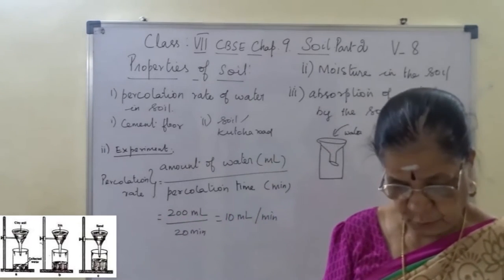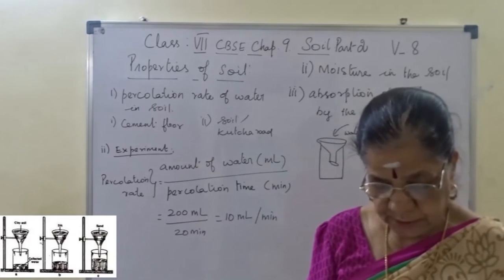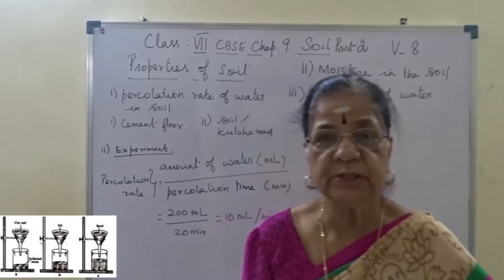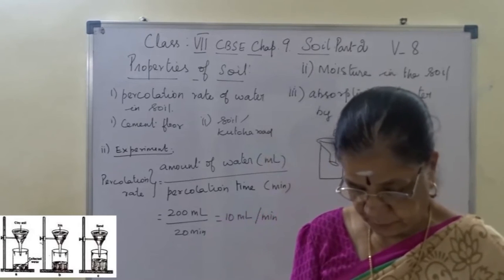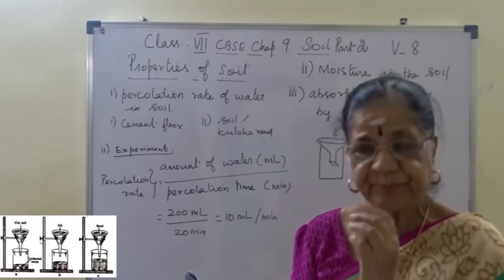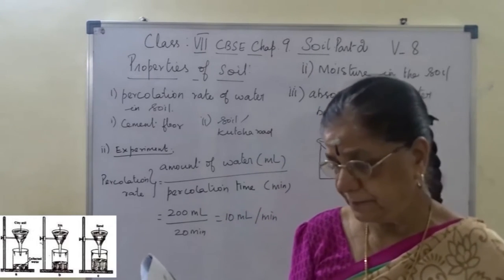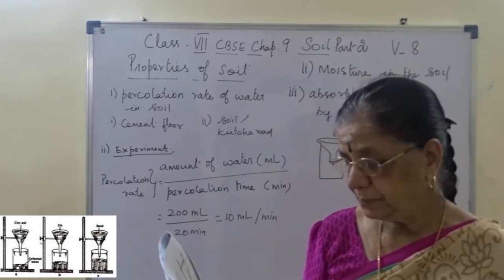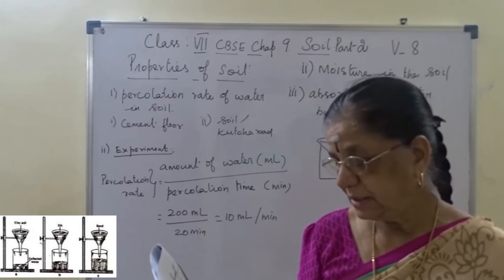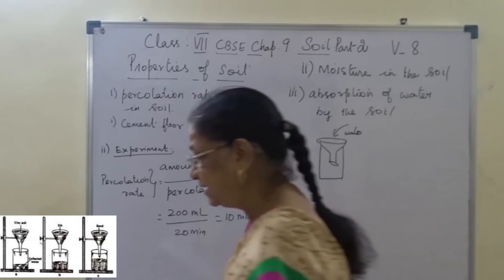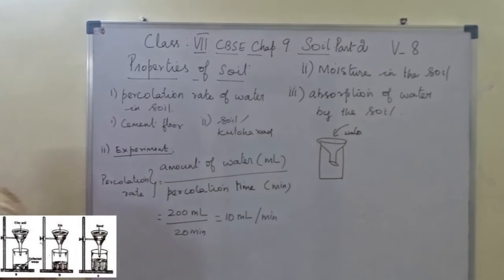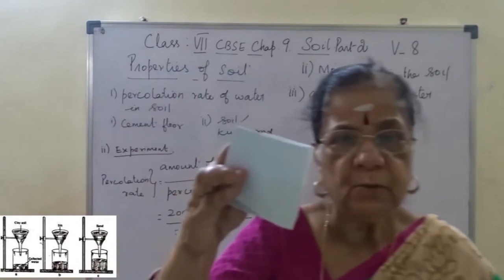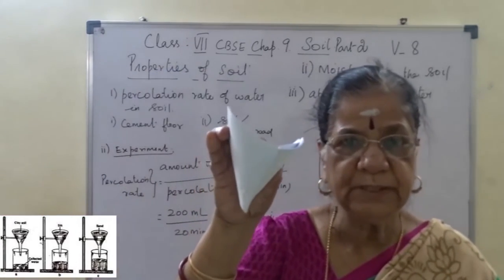Now pour water all over the soil. I will just explain the experiment. Take a plastic funnel. Take filter paper or a piece of newspaper sheet. Fold and place it as shown in the figure, like a funnel with filter paper.